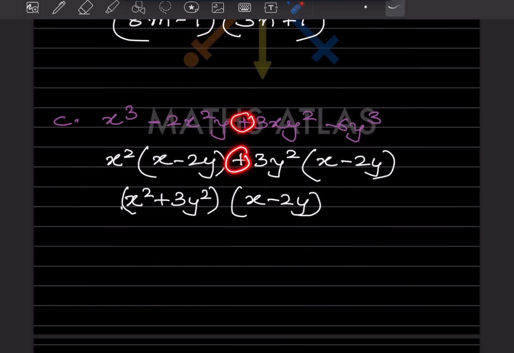From this one we can see 3y square is common, so this is 3x square, then xy square, so here will be just x, with the minus sign here. So this is 6y cube: 3 into 2 will be 6, and this is going to be y cube. Here again the brackets are common. We can take it just once, and what is outside the bracket will be in the other bracket.